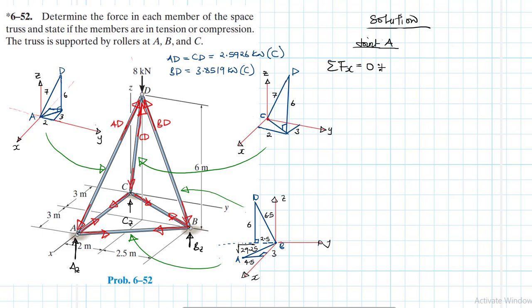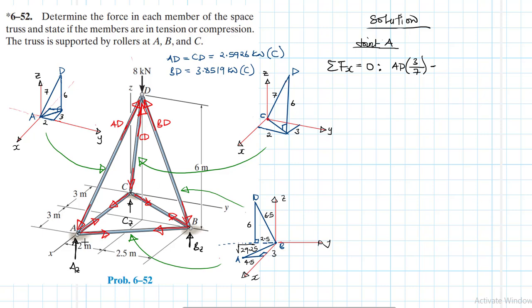In the x direction, we expect AD to be positive, so it is AD times 3 divided by 7. And then we have AC. AC is along the x-axis, and we have assumed it to be in tension, so it will be minus.